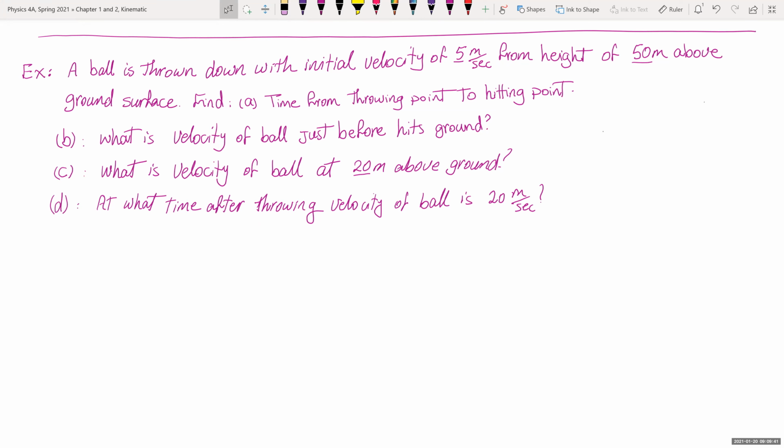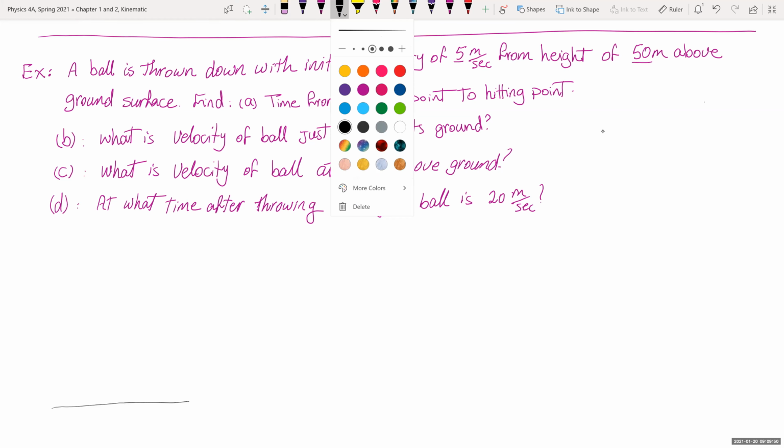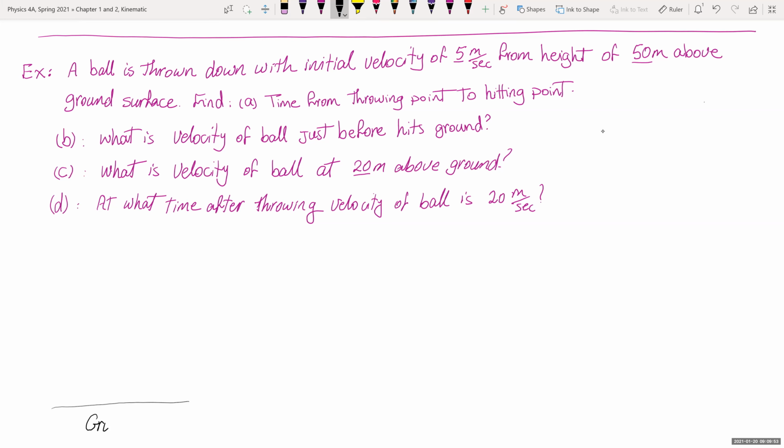So it says a ball is thrown. We have to draw a picture. A ball is thrown down with initial velocity. So this is the ground, and here I have a ball, and then we throw this ball with initial velocity of 5 meters per second from a height of 50 meters above the ground surface, correct?